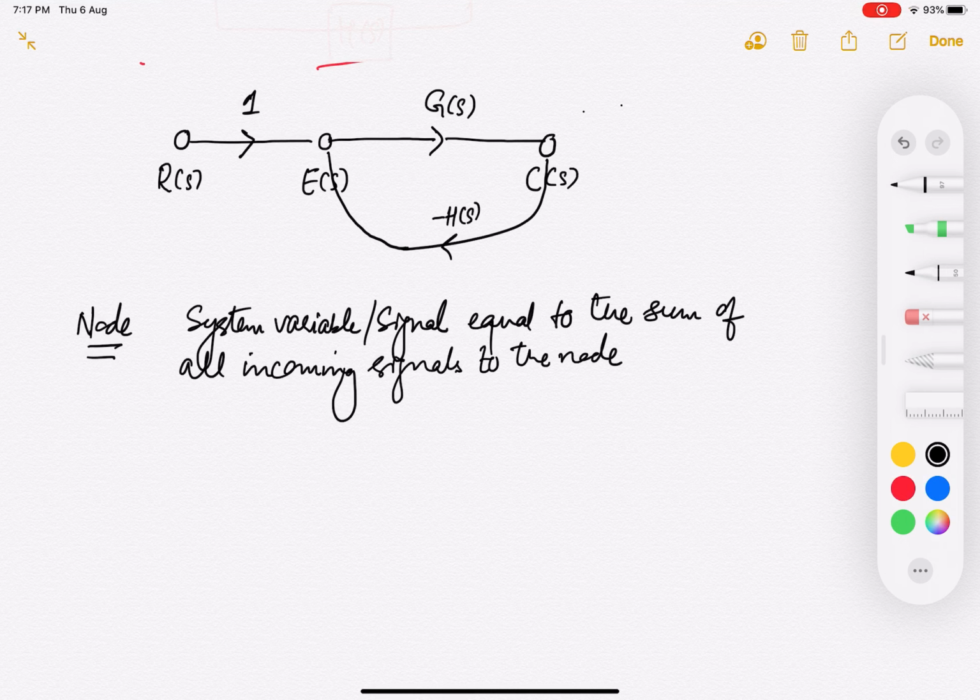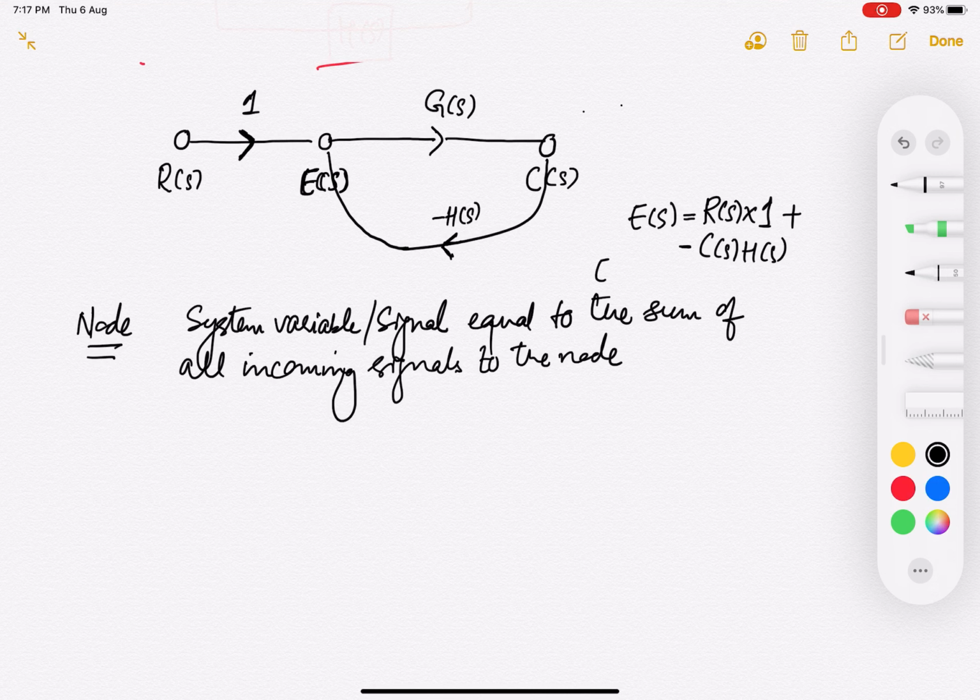It means that when you draw something like this and you write ES here, it automatically means that ES, the system variable here, is equal to the sum of all incoming signals. And what are the incoming signals? RS into 1 is one incoming signal, and the other incoming signal is CS into HS with a minus sign.